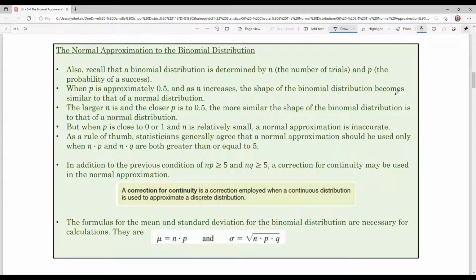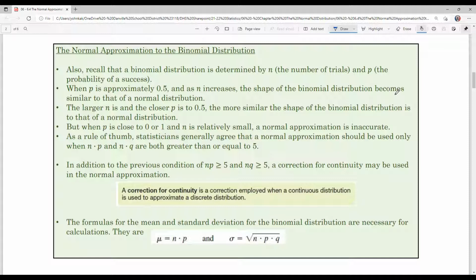So recall that a binomial distribution is determined by two things, n, which is the number of trials, and p, which is the probability of success. When p is approximately 0.5, and if n increases, the shape of the binomial distribution becomes similar to that of a normal distribution. The larger the n is, and the closer p is to 0.5, the more similar the shape of the binomial distribution is to that of a normal distribution.